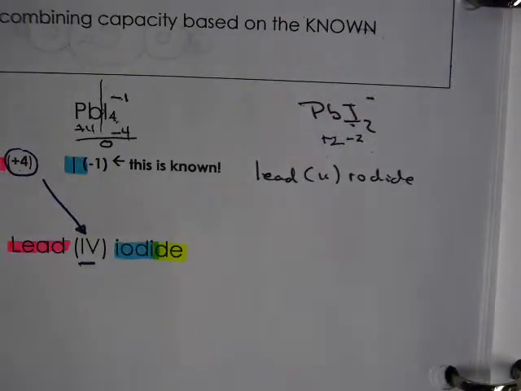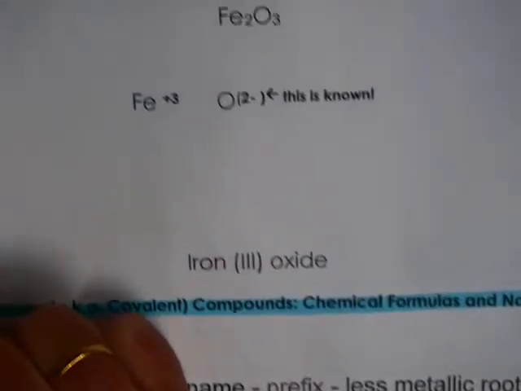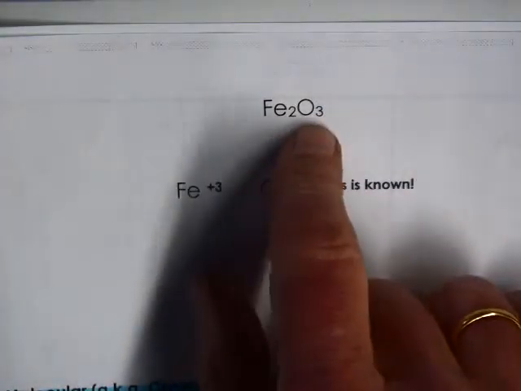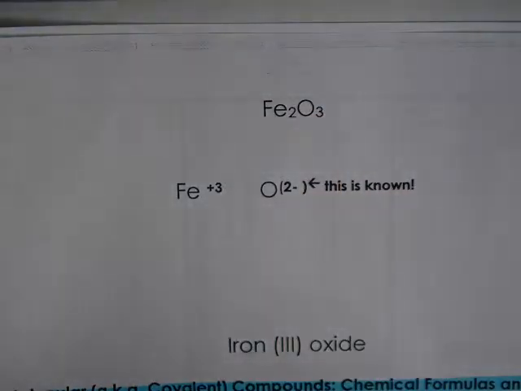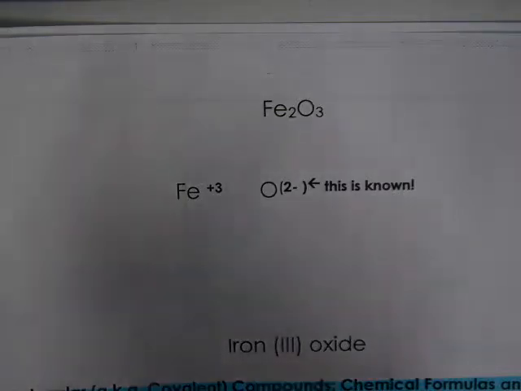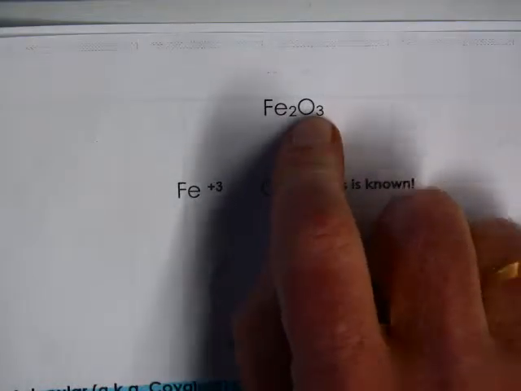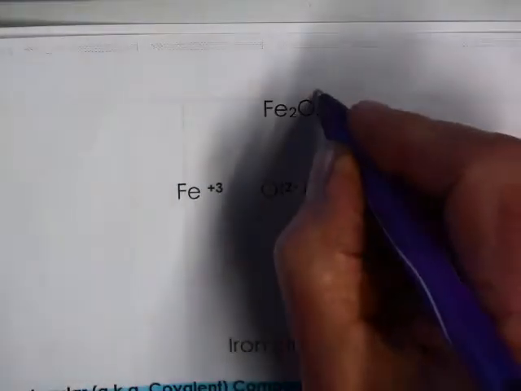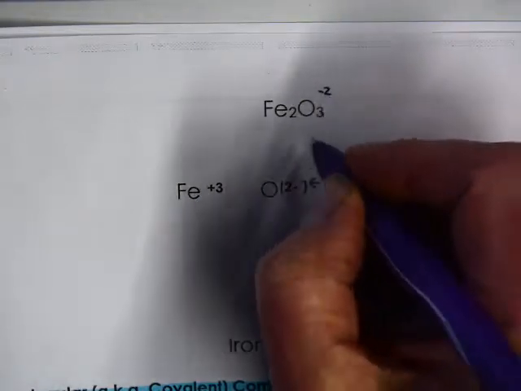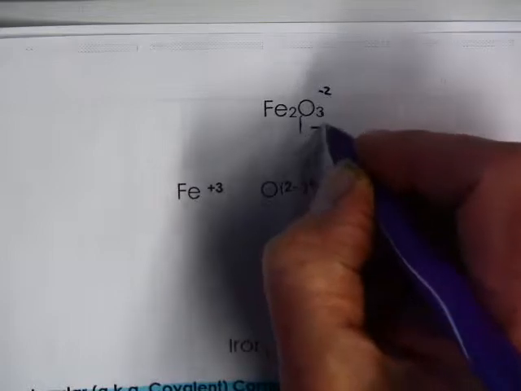Here's one that is really common: Fe2O3. Again, you look at your periodic table and find that iron has more than one combining capacity. That means this is a multivalent ion, so I have to provide the appropriate Roman numerals. What do I know? Oxygen is always -2, so 3 times -2 is -6.